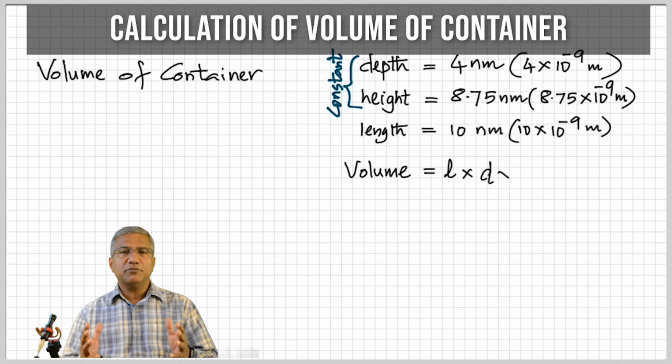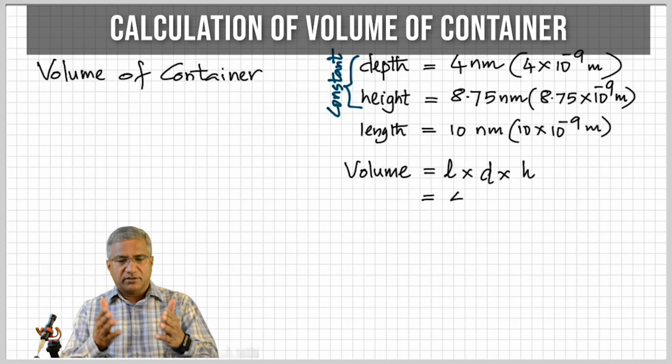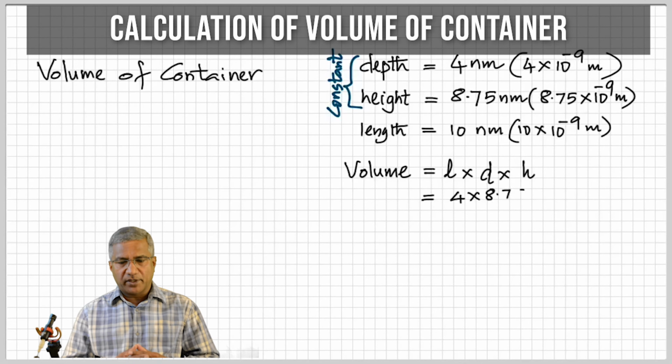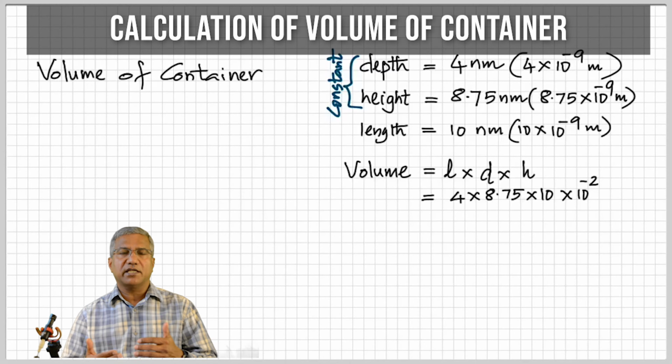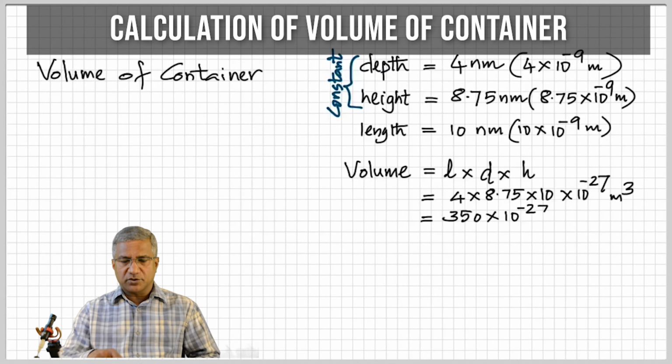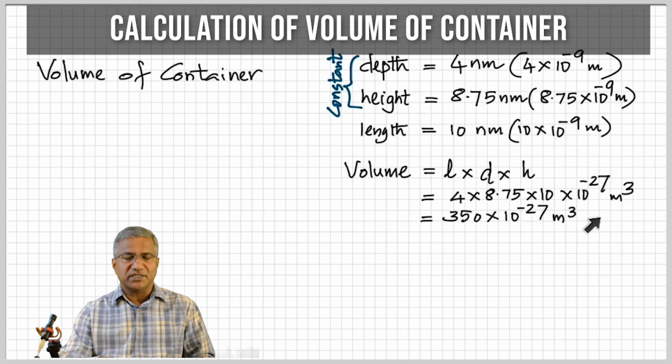So the volume is the product of the length, the depth, and the height. All three are nanometers. So when you have the 10 to the negative 9 multiplied 3 times, you would get 10 to the negative 27. So you see that there, 10 to the negative 27.